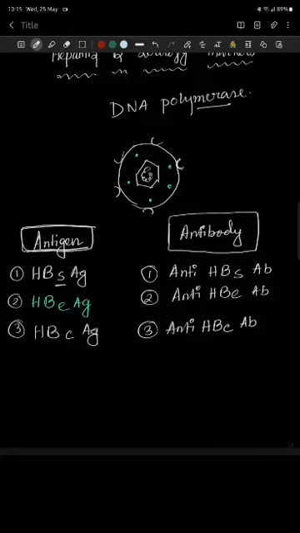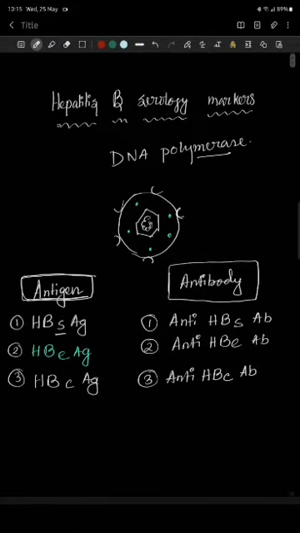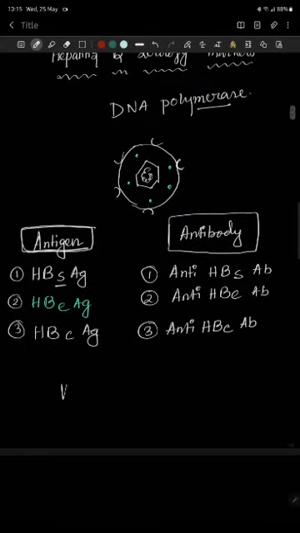First of all, it's about logic. Obviously the antigen will come first, because in a viral infection the virus, the foreign body, is the antigen. The surface is the outermost part, so it is seen first and comes into the blood first. So hepatitis B surface antigen came first.